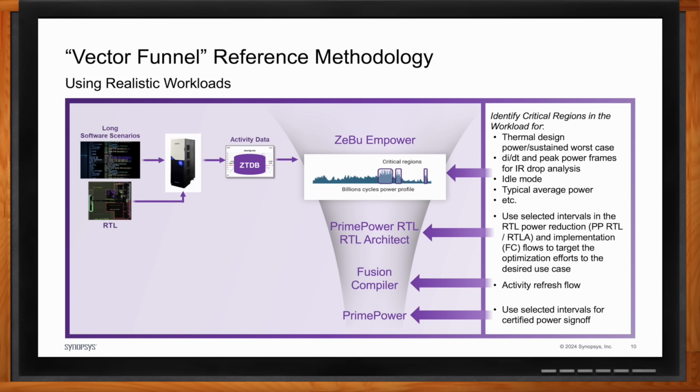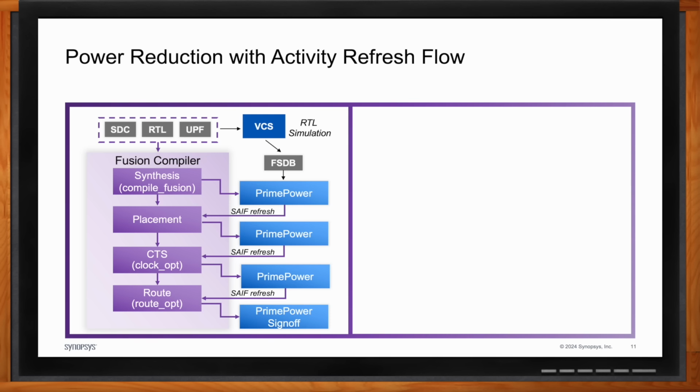So, as an example, with PrimePower activity refresh flow in particular, what kind of PPA benefits are we talking about? It's a very interesting flow in the sense that, as the design is going through the physical implementation part of the flow, it is actually not a monolithic or push-button type of operation, a single pass, but it actually goes through stages.